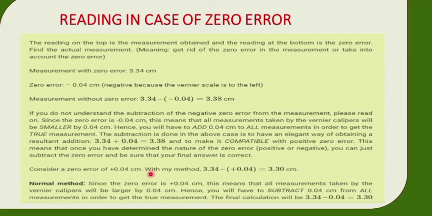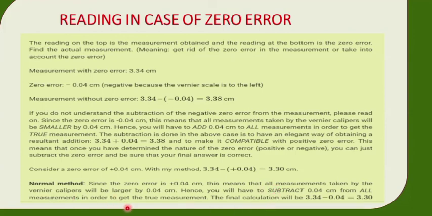If the zero error is positive, then the method will be 3.34 minus, here is positive zero error, so minus 0.04, is equal to 3.30 centimeter, which is the actual reading.